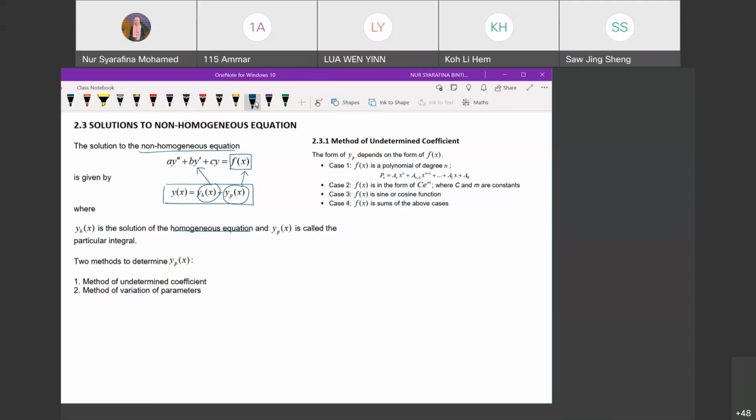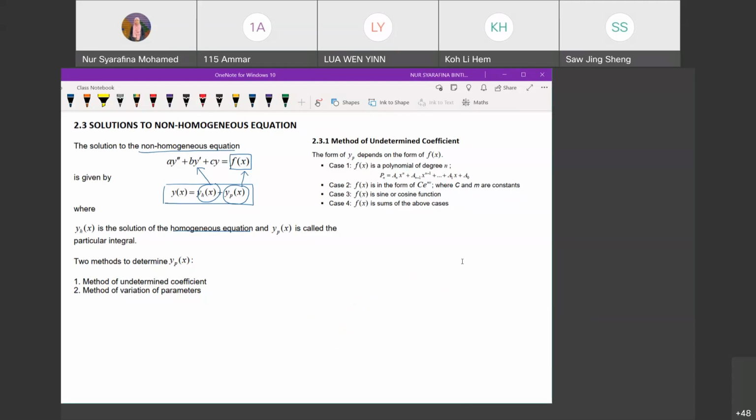In finding the solution of second order differential equation, if you have two equations, then you just combine both by using, what was it? Linear superposition principle, right? Okay, by using the linear superposition principle, you can combine both equations. Okay, the left-hand side for homogeneous and the right-hand side for particular integral.